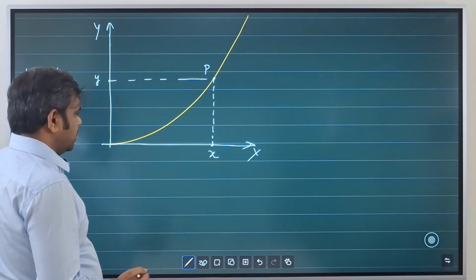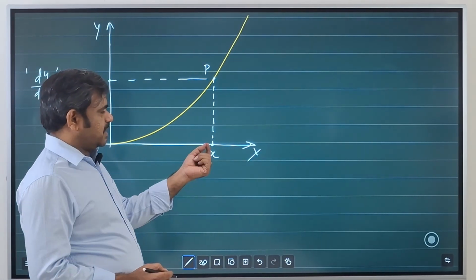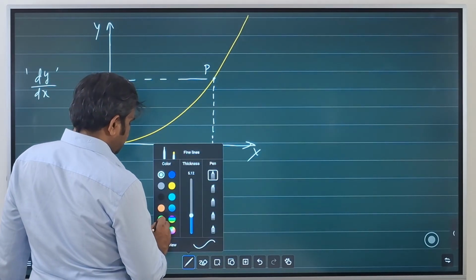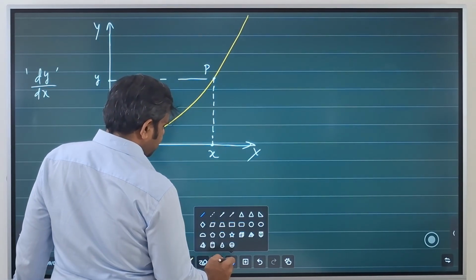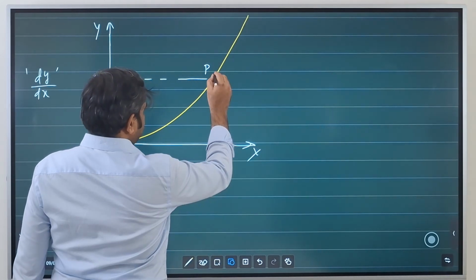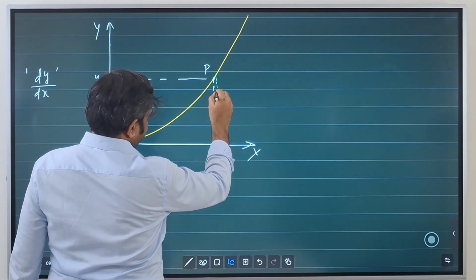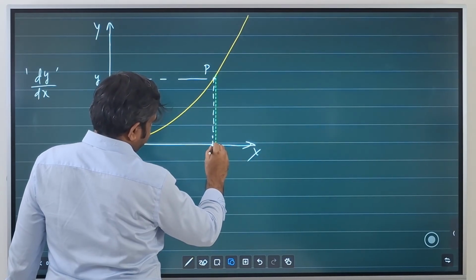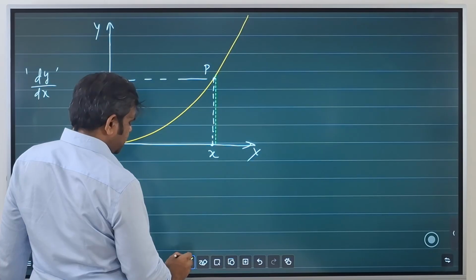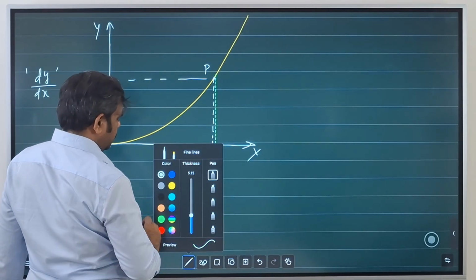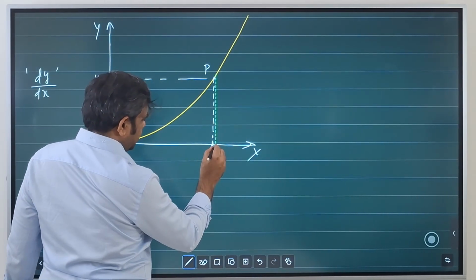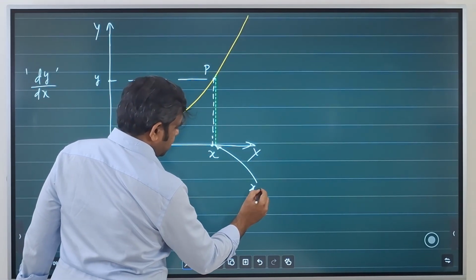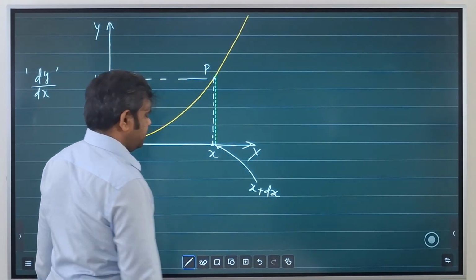So what we are going to do is construct a small interval around x. We are going to see what happens if x changes by a small amount from x to x plus dx. Look at this straight line here. The gap between these two straight lines is only a small quantity. This point is x plus dx.